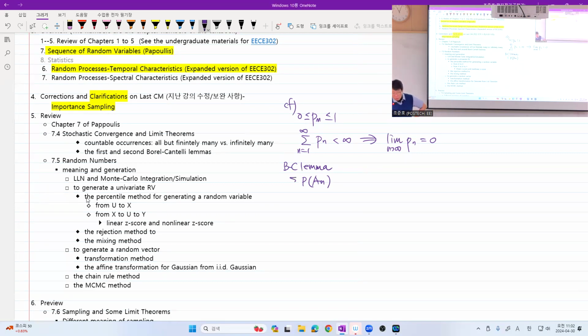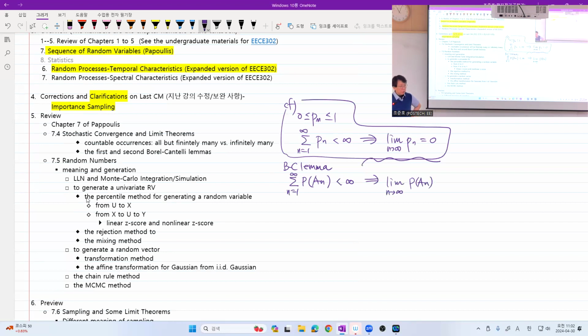Now you sum up all of them, and similar to the previous result from undergraduate or high school math, you have a finite sum. Then, of course, by the previous one, the probability sequence, not the sequence of events, converges to 0.